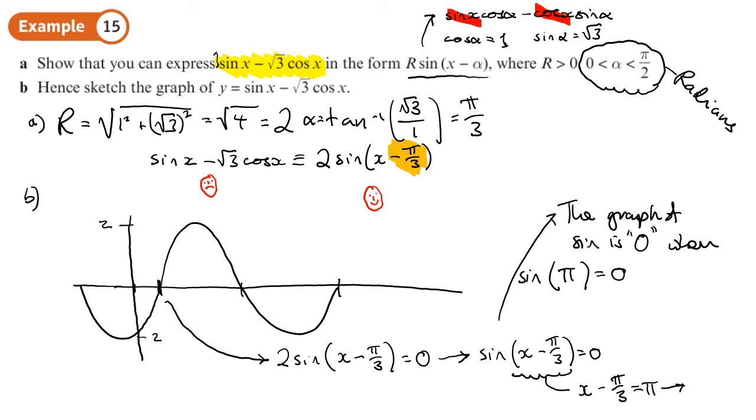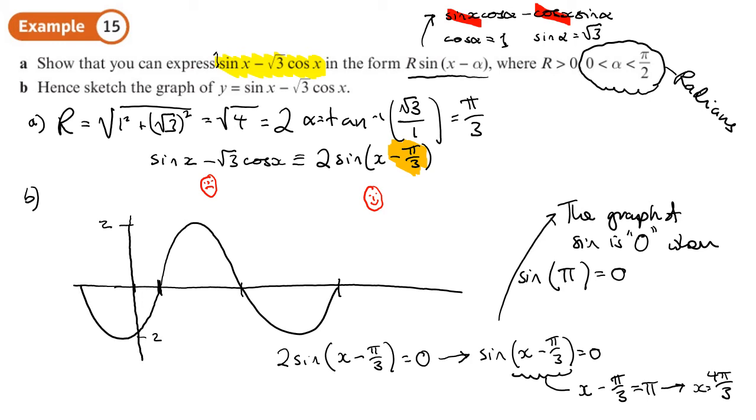And if I solve that, I'll get x equals 4 pi over 3 if I add it on. So I'll get my value of x.